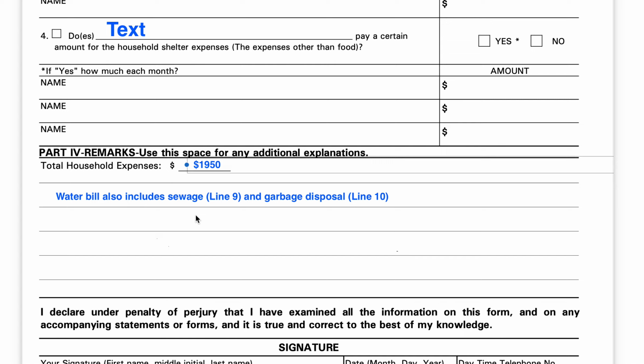You would use that space and any other documentation that they give you to make sure that the SSA has a complete understanding of all of those arrangements so that they can make a determination. Again, there's no real way that you can game the system here. I think this is just an honest reporting of your household expenses.